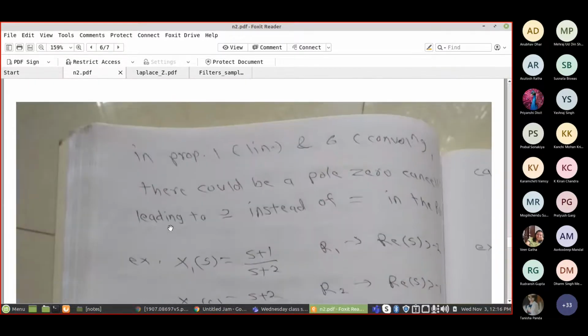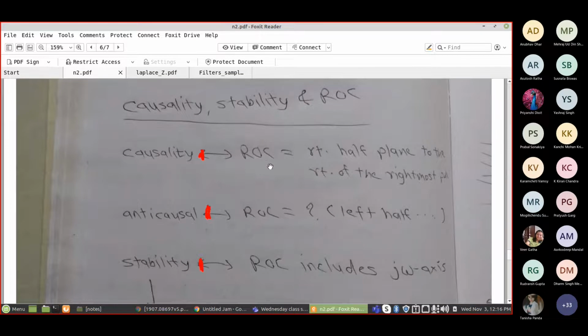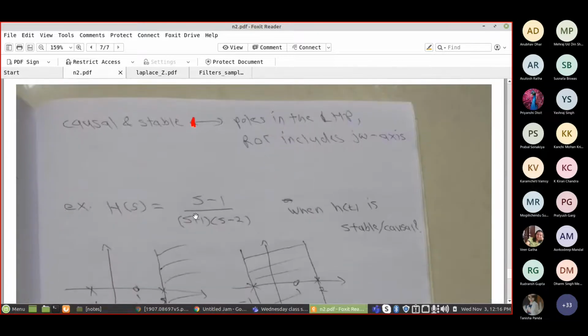So as long as the Laplace transform expression is not given, you cannot say, because we saw some examples where there are both sided signals for which you get your ROC to be the entire complex plane. But those situations won't arise here.